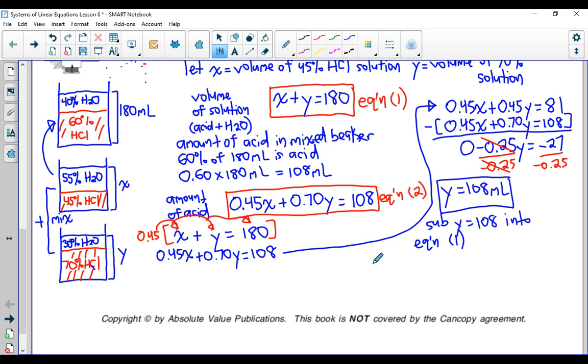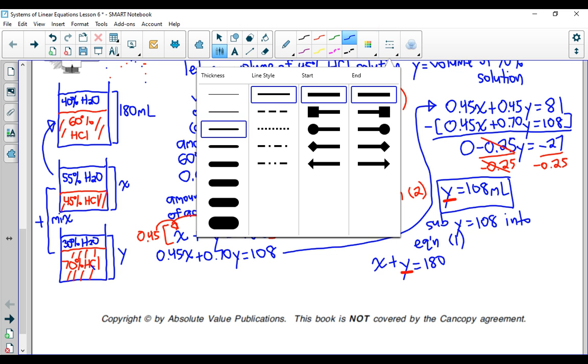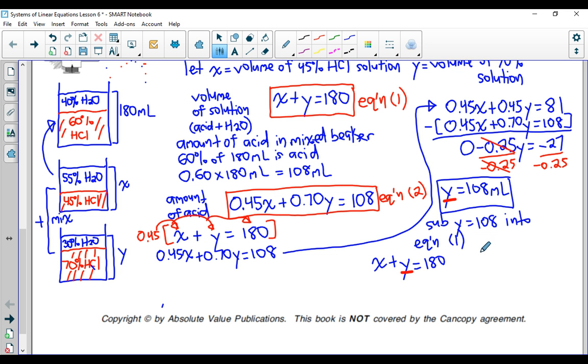So if I do that, your equation is x plus y is equal to 180. And we're going to replace y with 108. So this would be x plus 108 is equal to 180.